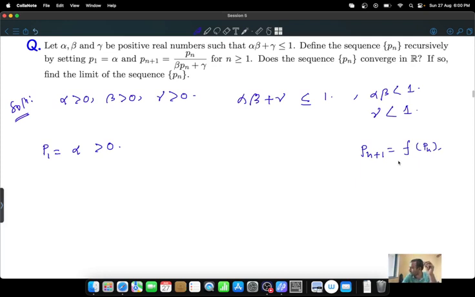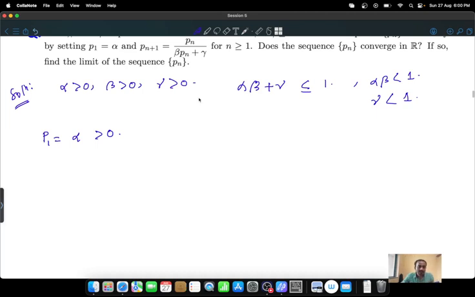I hope this is not covered yet, because you are not yet aware of continuity and differentiability. So anyway, don't get confused, forget it; when the time comes you will learn.